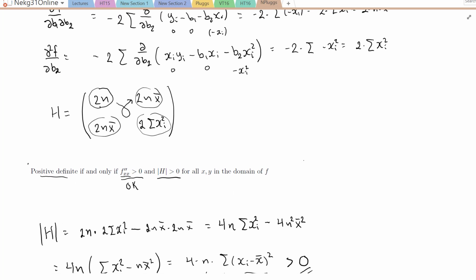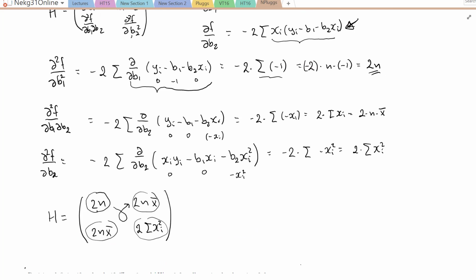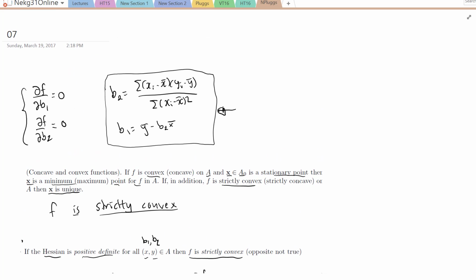So that means that our Hessian is indeed positive definite for all possible values of B1 and B2. And this finally then proves that this stationary point is the global minimum point of RSS.